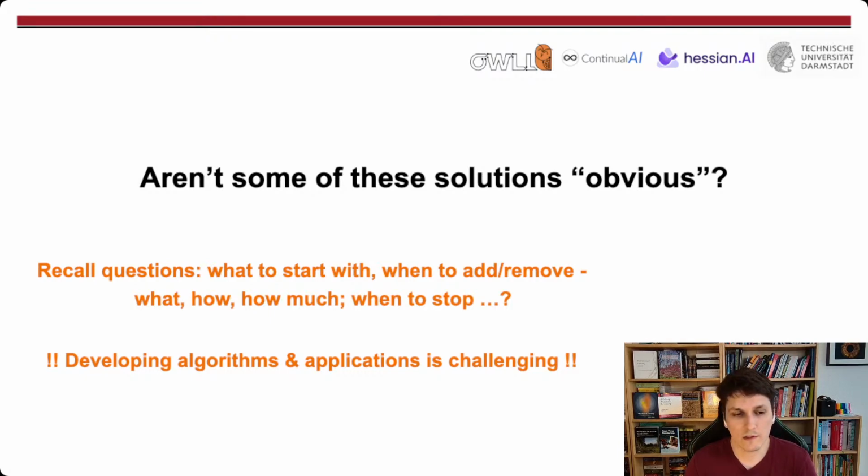And in particular, I want to use this as a transition to really draw attention to the fact that when moving from this implicit perspective of having a very large model and just trying to do these regularization questions, these figuring out subset questions, to really these questions of adding, removing, modifying capacity on the fly, there are a lot of questions that are in themselves quite challenging, like what to start with, when to add or remove, what to remove or add, how much at a time, when to stop.